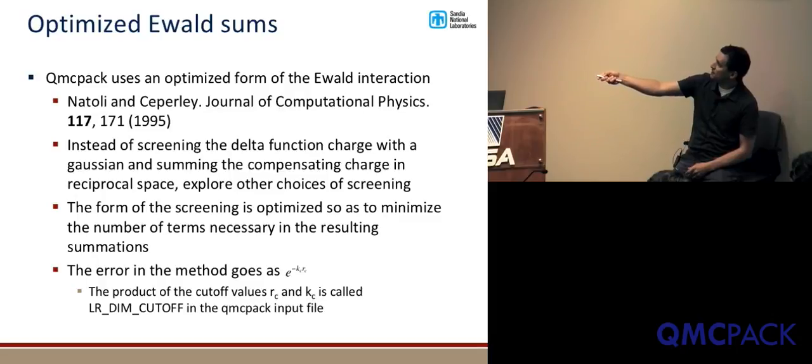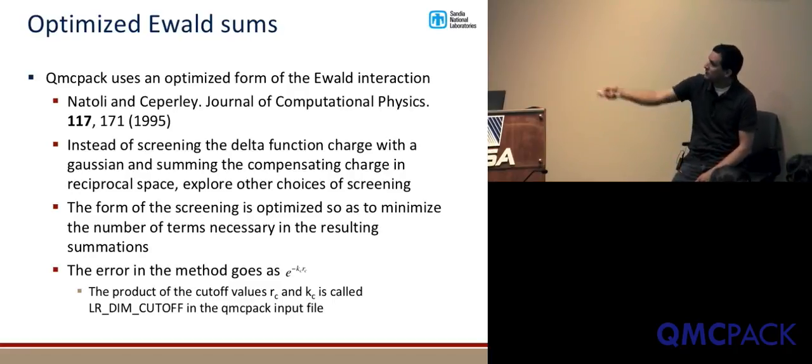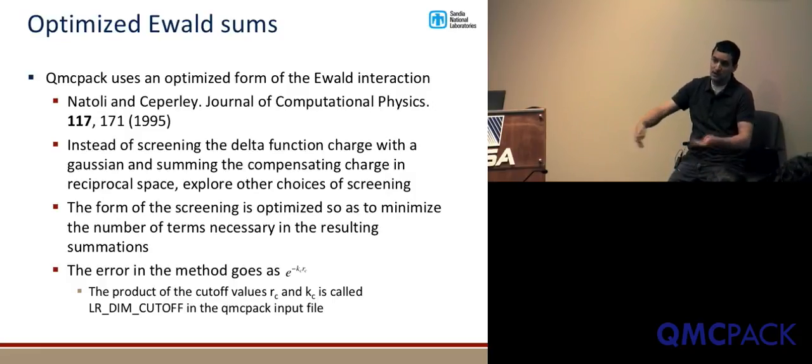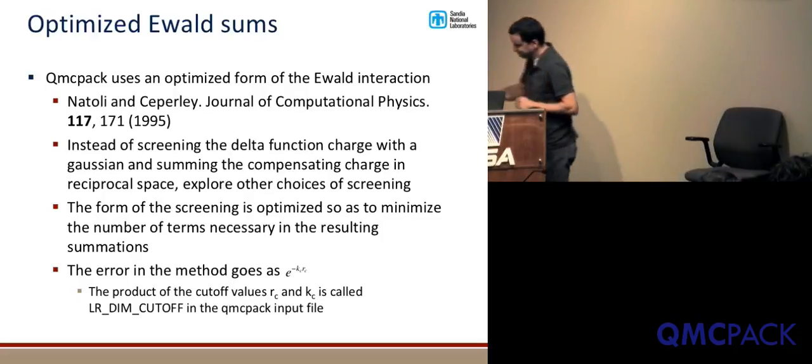So the error in the method actually goes as your cutoff values RC and KC. And you'll notice if you look in a QMC Pack input file for a solid state calculation, there's this value LR dim cutoff, and that's the product of these two. So the larger that number is, the more accurate your calculation of this interaction will be.